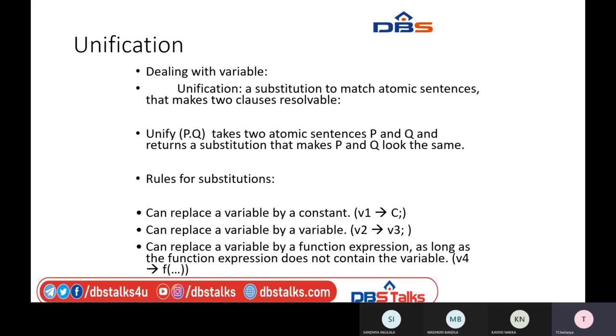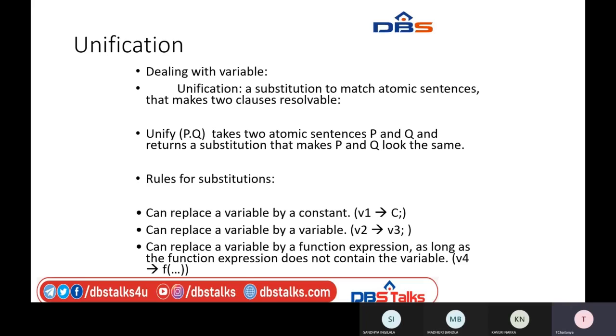The first is we can replace a variable by a constant, so v1 by c, where v1 is a variable and c is a constant. We can replace a variable by a variable: v2 is a variable, and v3 is another variable, so we can replace v2 by v3.